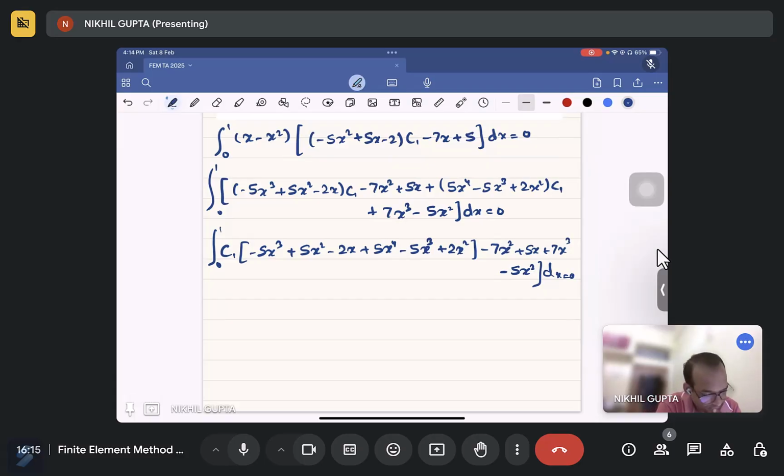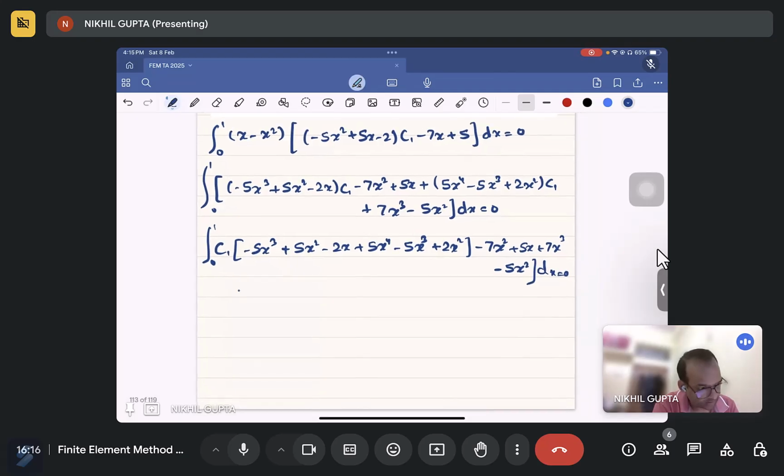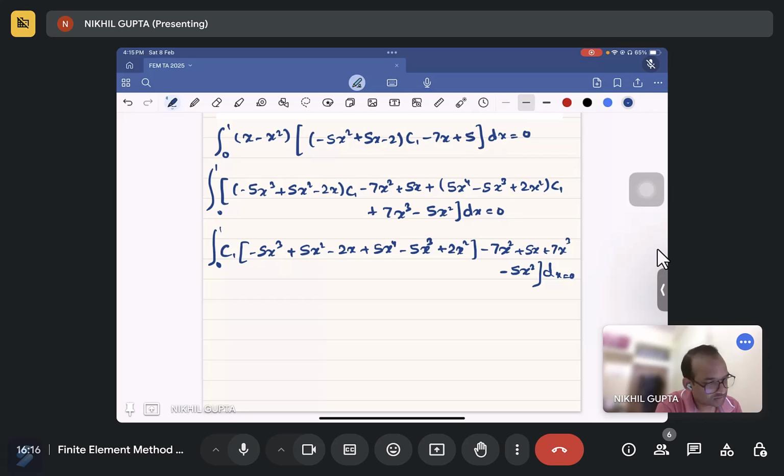Now let's see if we get the value. Before integrating, let us make it more precise.